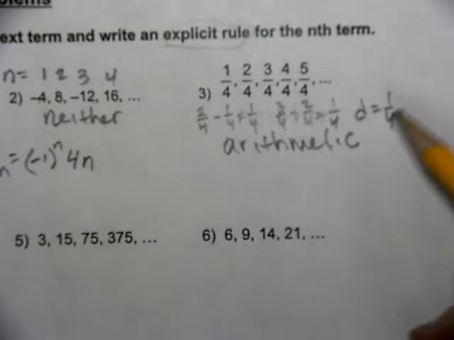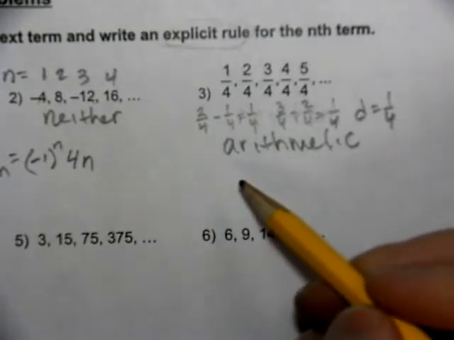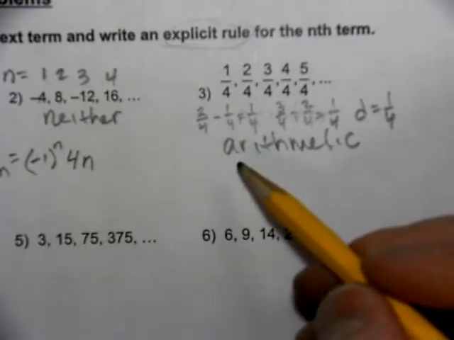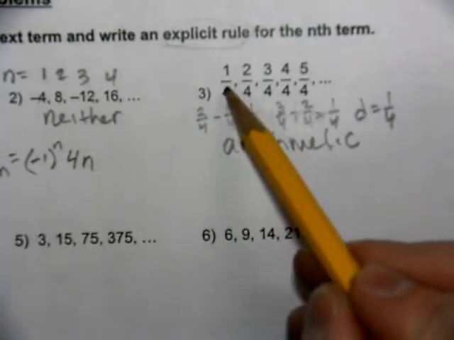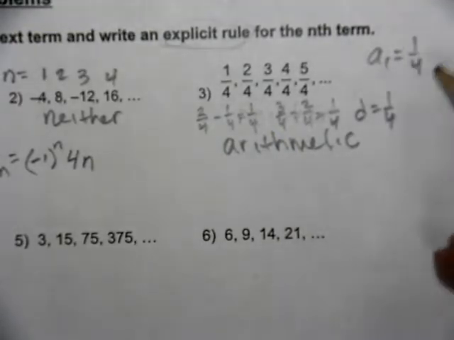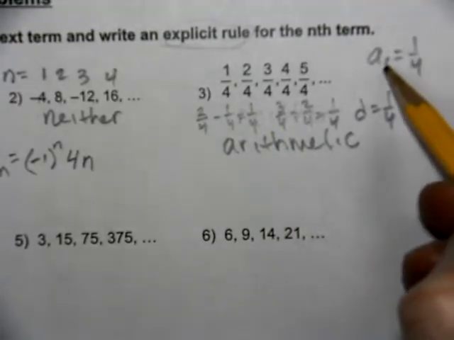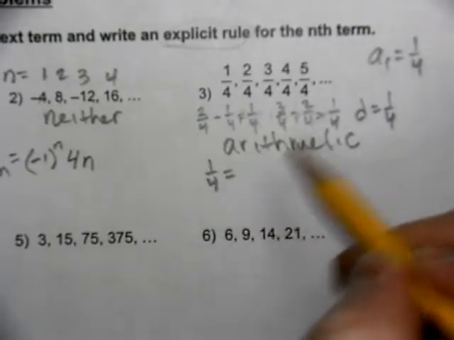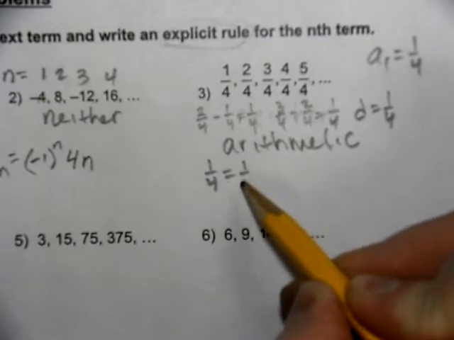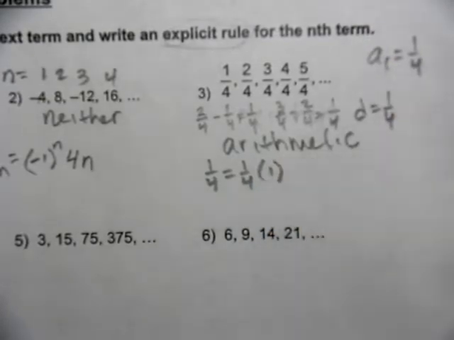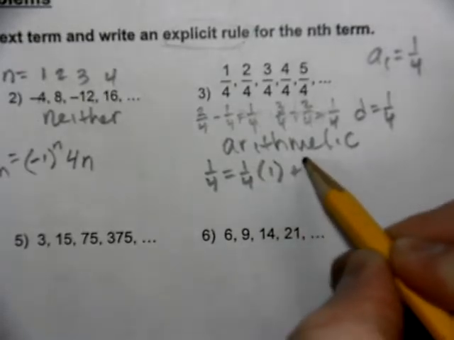And what we're going to see is that if we're going to use this y equals mx plus b format, where our first term is 1/4, so that's our y and 1 is our x, we can say 1/4 equals our slope times our x plus our b.